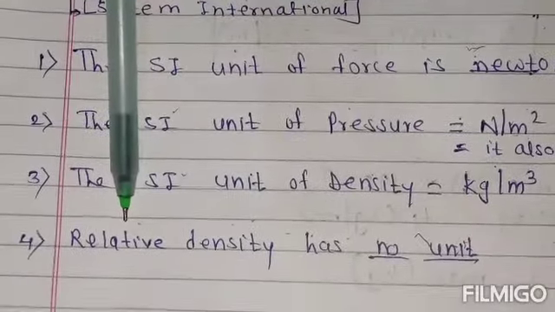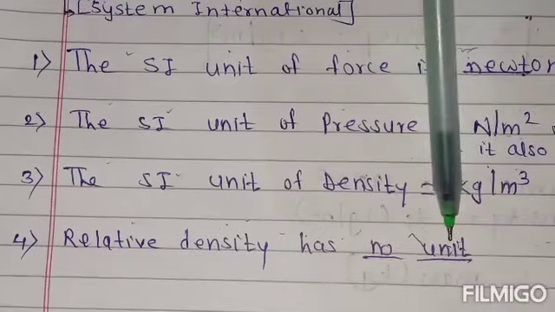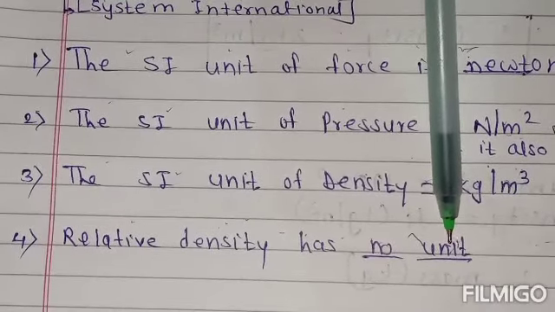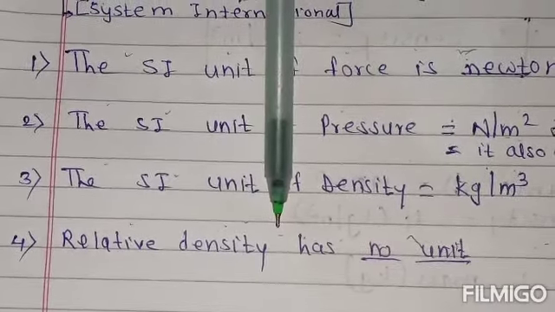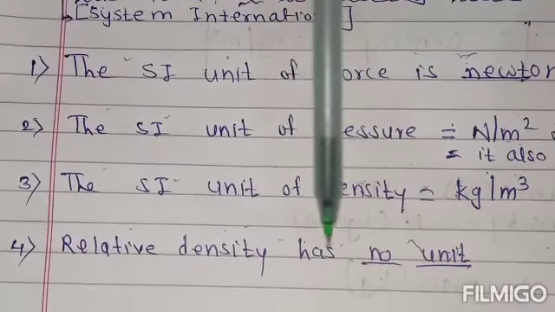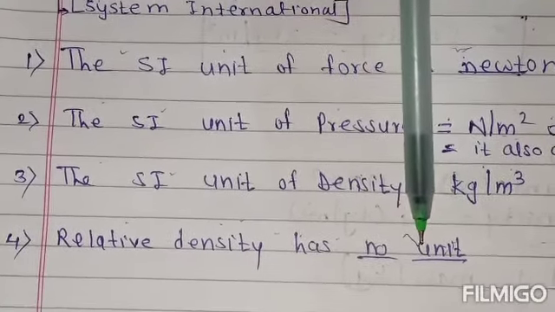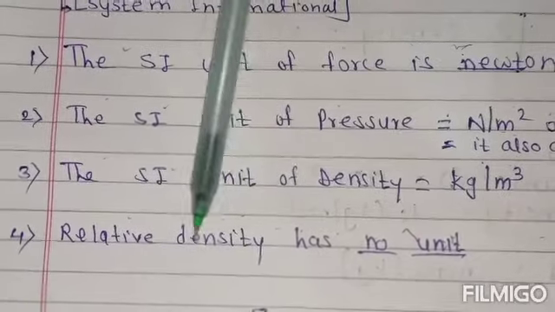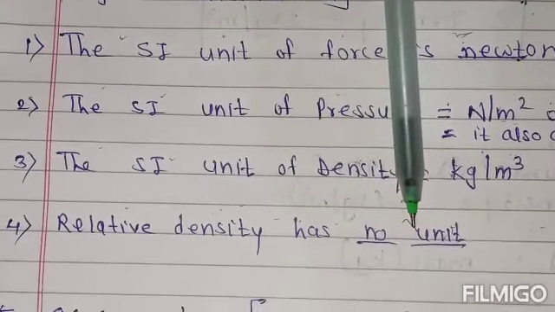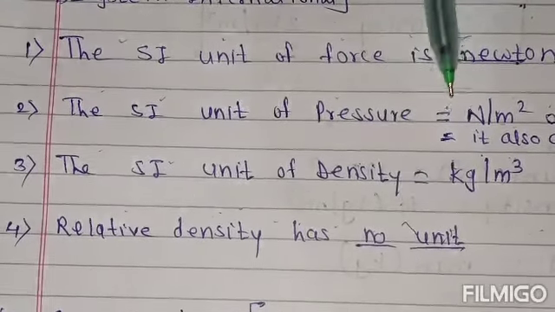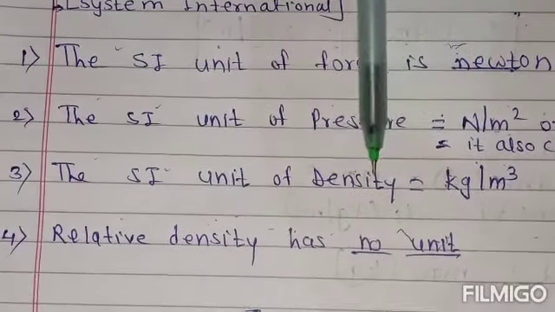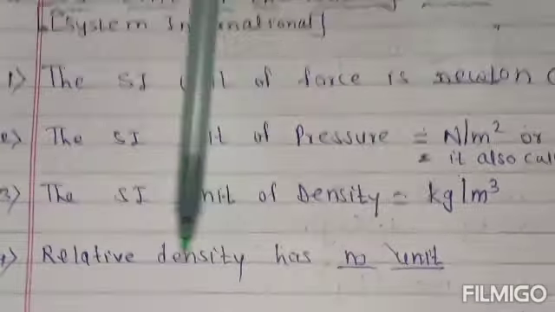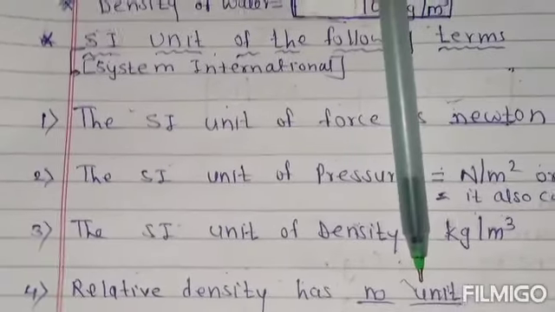Remember, relative density has no unit. So no need to write a unit when the relative density is asked. Whatever answer you get, you can write as it is, because relative density has no unit, unlike force, pressure and density, which have a unit.